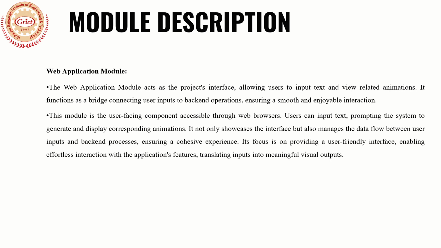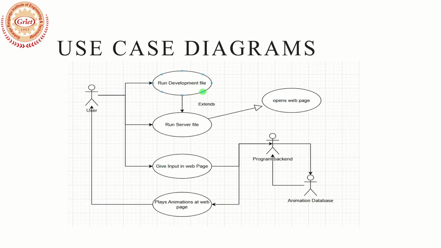Next, we go further into the project. This is a use case diagram. Initially, the user needs to run the development file. After running the development file, we need to establish a server, so we need to run the server file. After running the server file, we will see a URL which has been created.